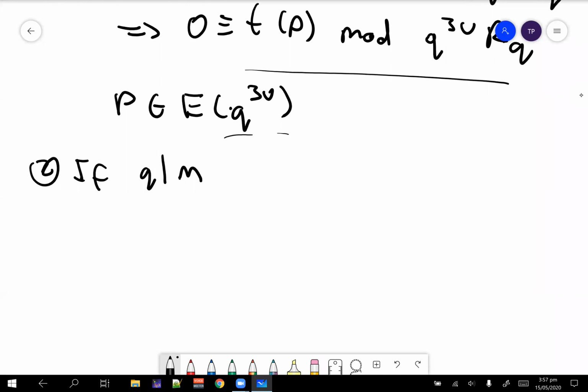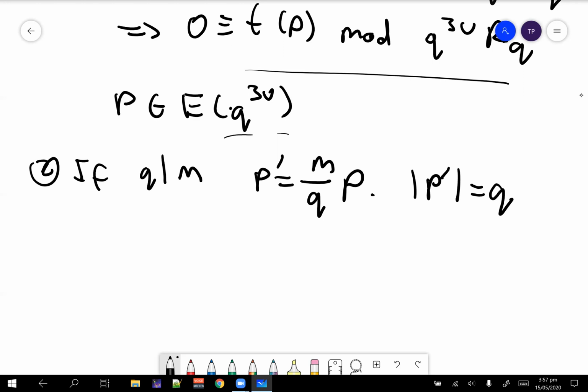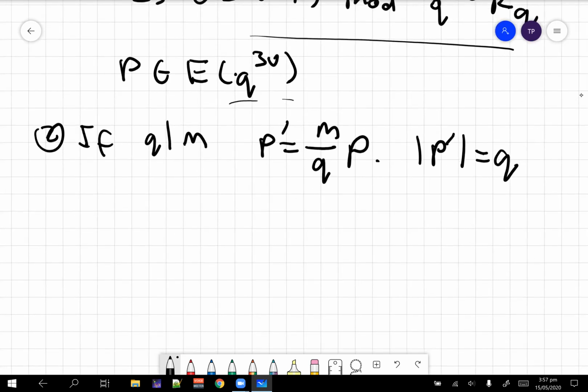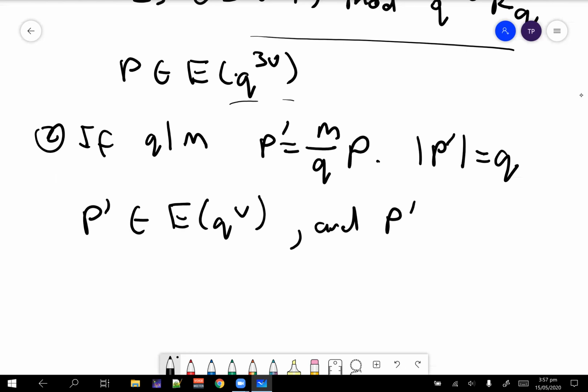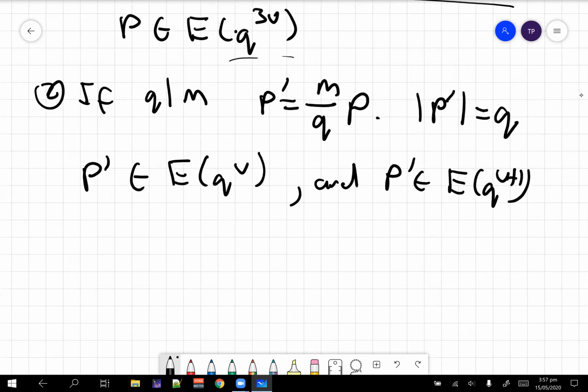We define a second point P prime to be this thing here, M over Q times P, and here the order of P prime, it's very easy to see that it is Q. And then we also have that P prime is in this thing here, and it's not in the next thing. Since it was true for P, then it's also true for P prime, and that's true for some v.